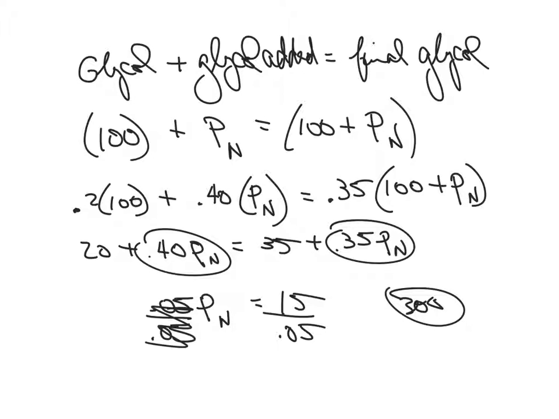So we started with 100 kilograms, and in order to get that 20% up to 35%, we have to add another 300 kilograms of the 40% solution. Now again, if we would have added 100% solution, it wouldn't have taken as much to raise that percent. But since it was only 40, it took more.